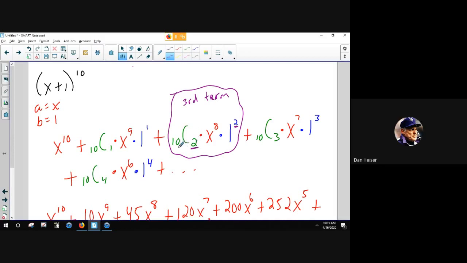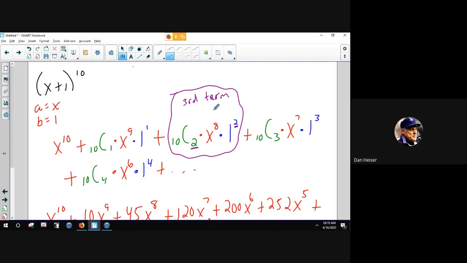So this corresponds to an entry in Pascal's triangle. That position matches this power. And then this power we can get by recognizing that we have 10 total. Here I've used 2, so this will be 8.